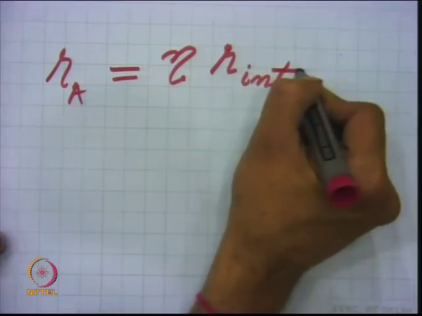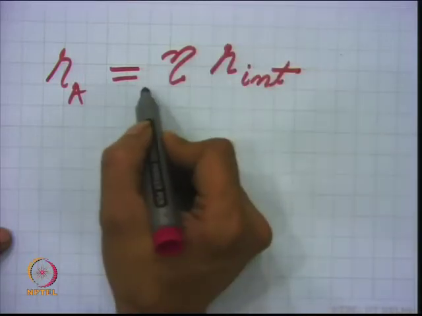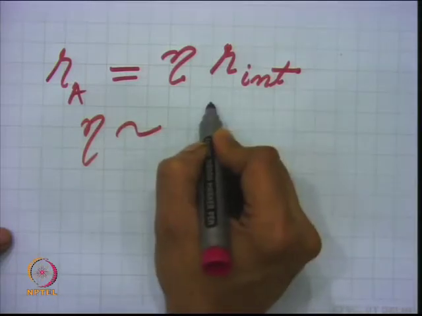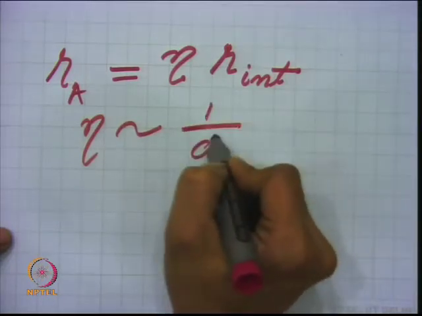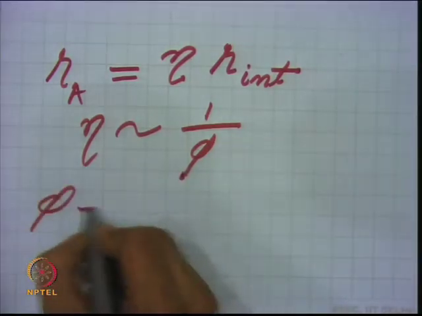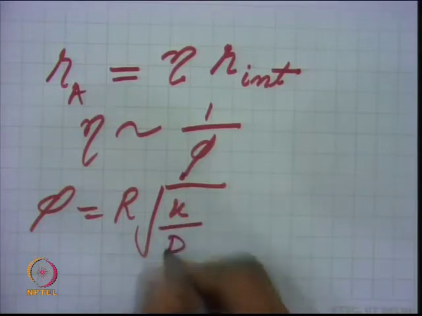So, we define the effectiveness factor, which is a contribution of diffusion resistance. As I told, eta, if there is a strong diffusion, is a function of the Thiele modulus phi, and phi was defined as R times the square root of k by D, if I talk about a first order reaction.